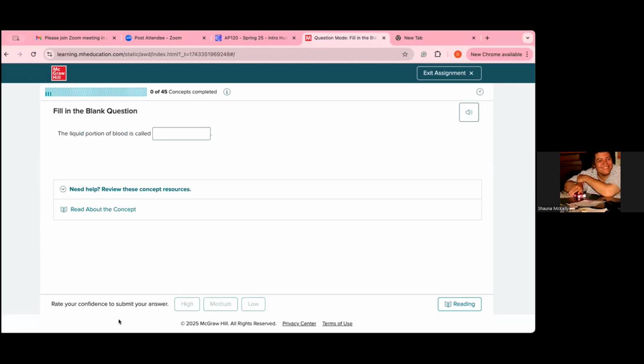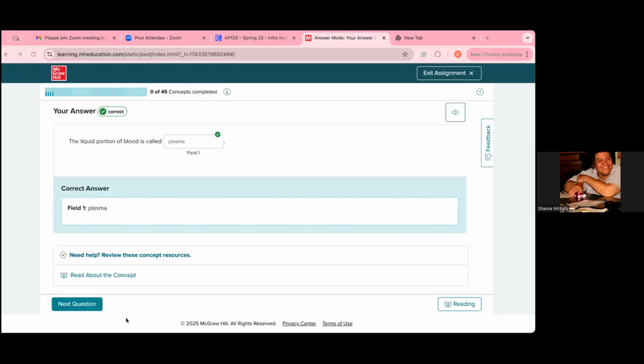The liquid portion of blood is called plasma. We read that too. That's plasma. So far, so good.